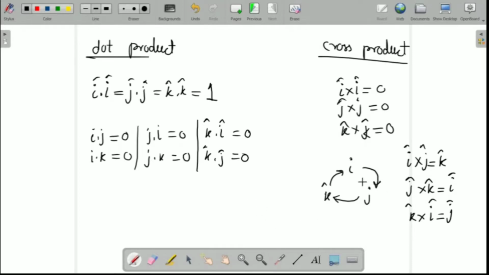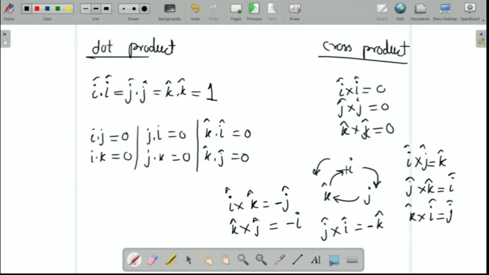So here is the reverse direction. If I consider i cross k in the anti-clockwise direction, then it will become negative, minus j bar. k cross j is equal to minus i. Next, j cross i is equal to minus k bar.